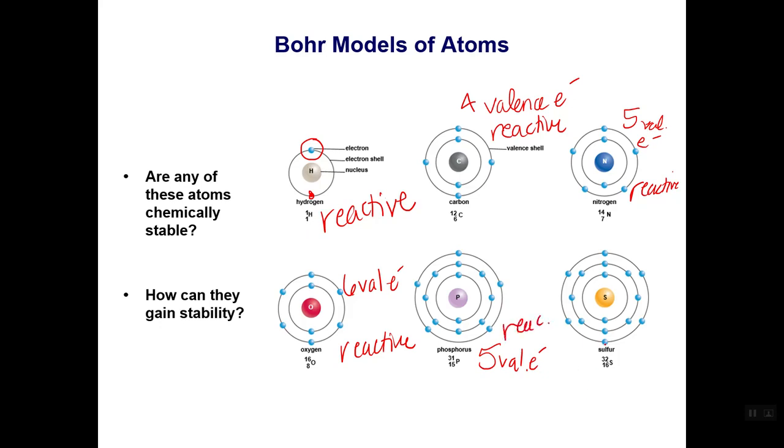Reactive. And sulfur, 1, 2, 3, 4, 5, 6 valence electrons, and it is reactive. So none of these atoms that we have here are chemically stable. So in order for them to gain stability, they are going to create molecular bonds with other atoms in order to get their octet rule met.